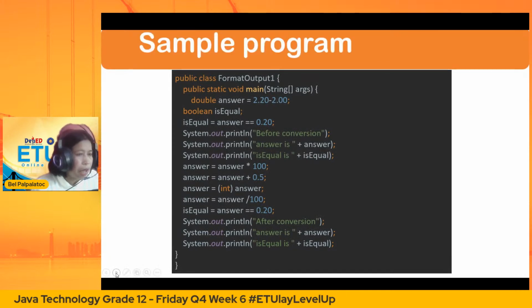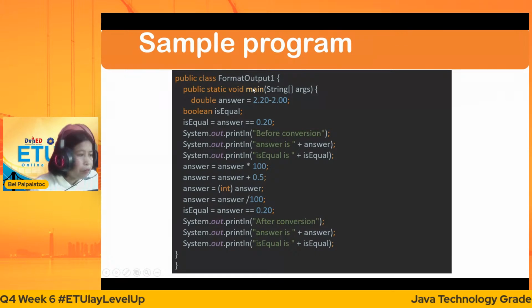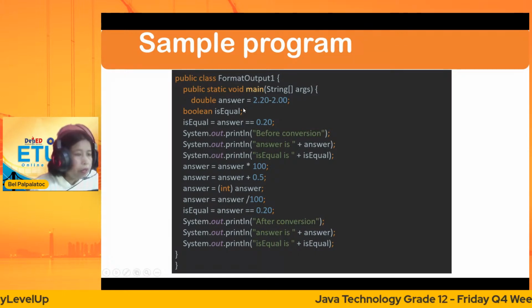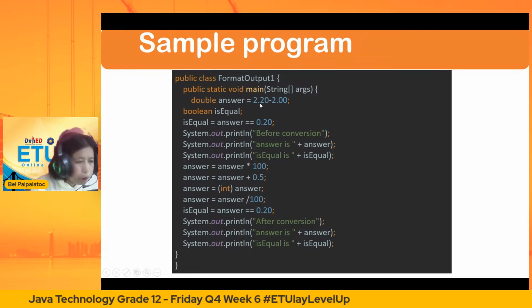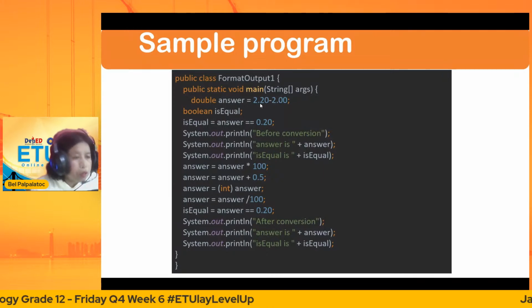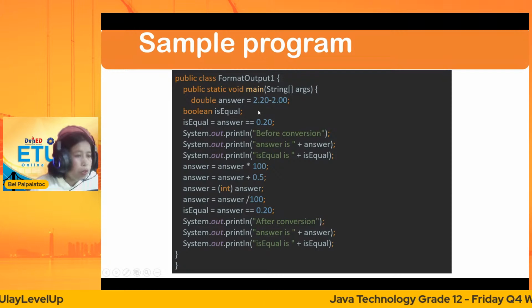Okay, so this is a sample program. The name of my class is FormatOutput1. I have a variable answer, 2.20, and we want it to become 2.00.